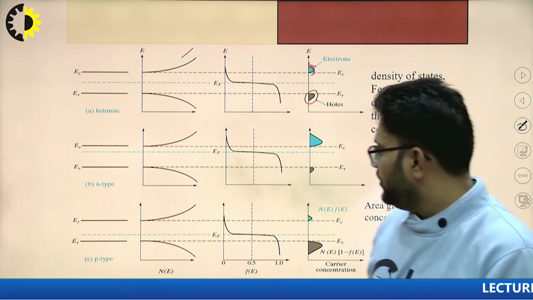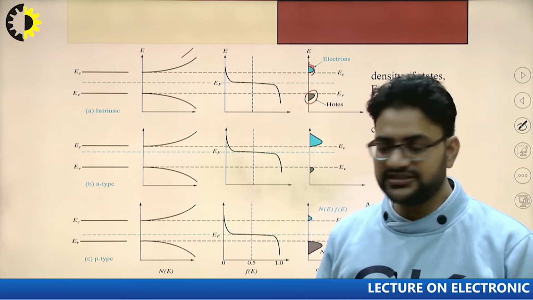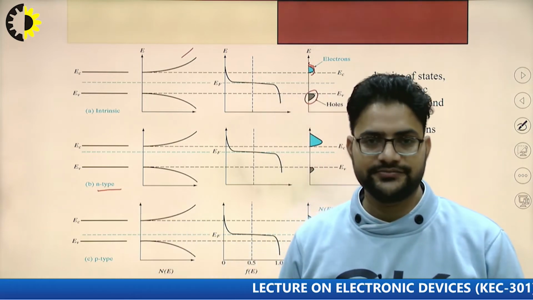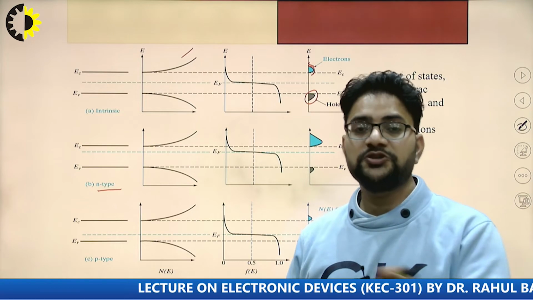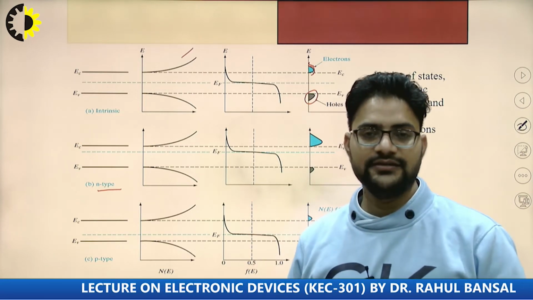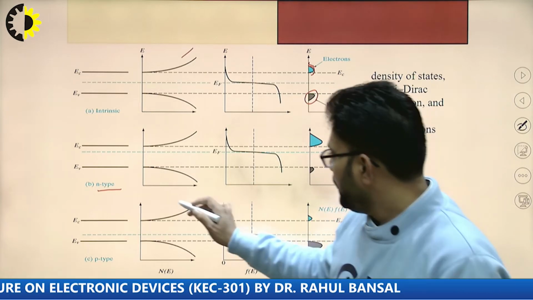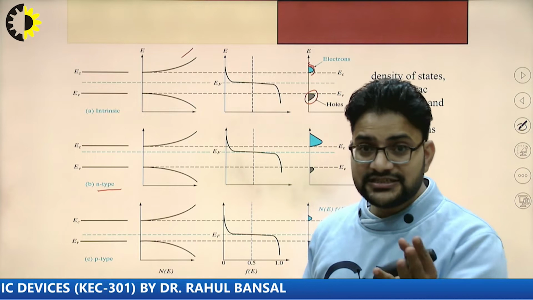Now come to the extrinsic semiconductor. First one is the n-type semiconductor. The n-type semiconductor consists of a majority of electrons, and the minority charge carriers are holes. The Fermi energy level will be just below the conduction band.